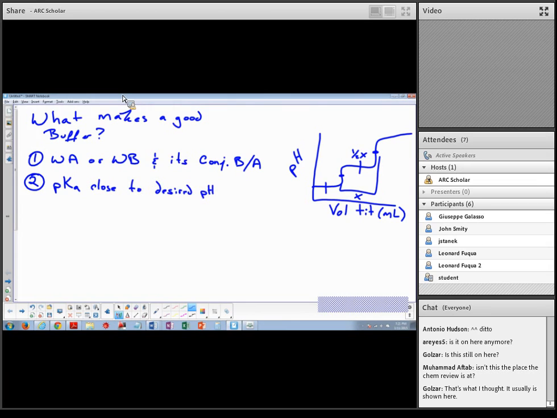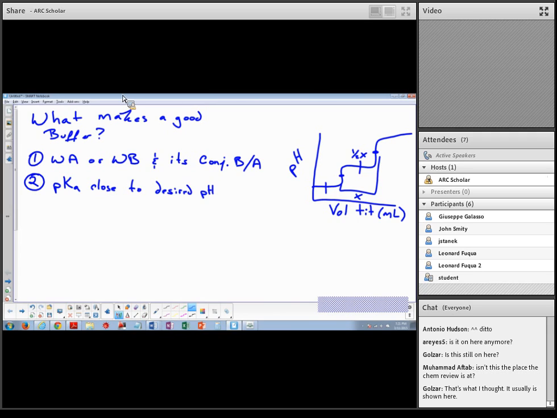So, for example, if you wanted to keep it buffered at pH 6, you're going to choose one that has a pKa of like 5.8, or 6.4. You're not going to choose one with a pKa value of 2, because you can still make a buffer solution at 6, but it's not going to last for very long.